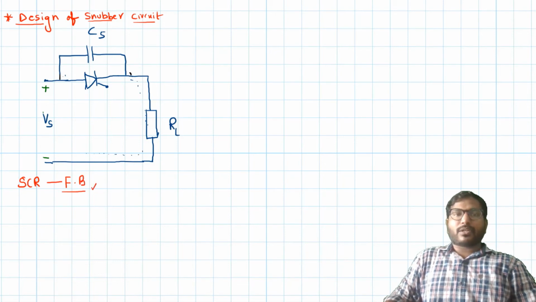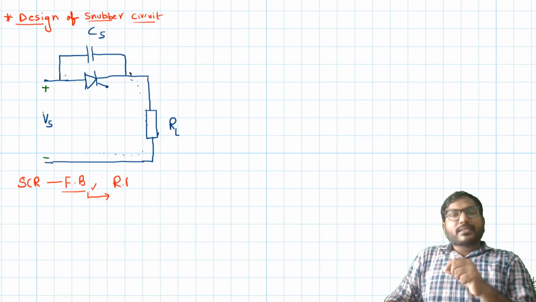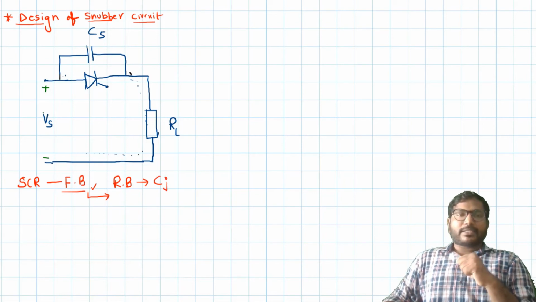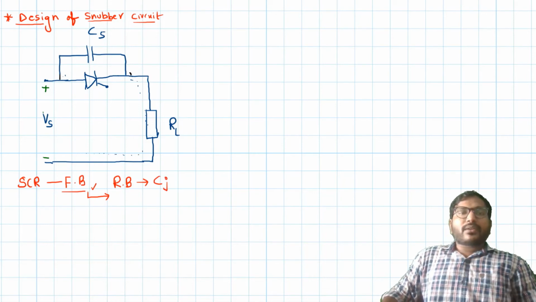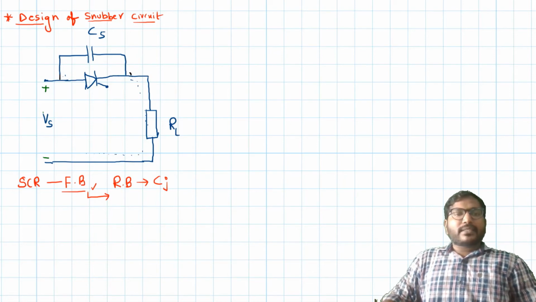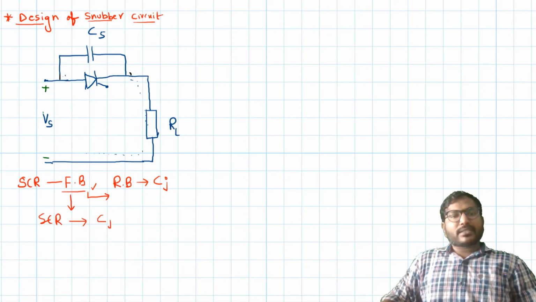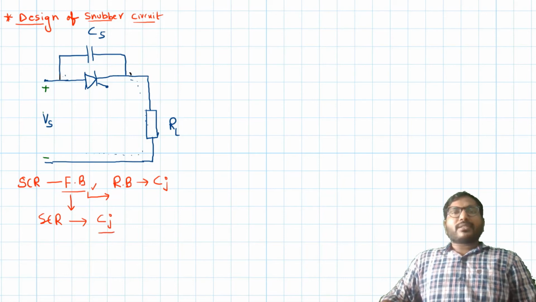In forward blocking mode, at the reverse biased junction, we can see the formation of junction capacitance. The SCR acts as an open switch, but a capacitance exists across the open terminals also. So we can simply replace the SCR with the junction capacitance.